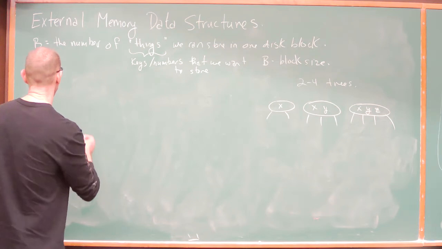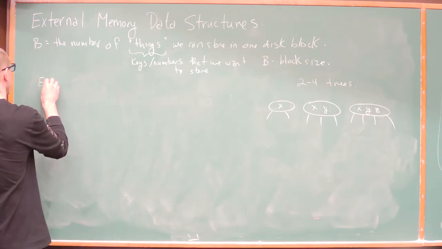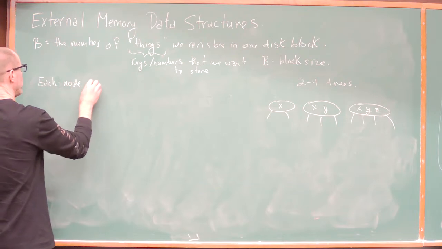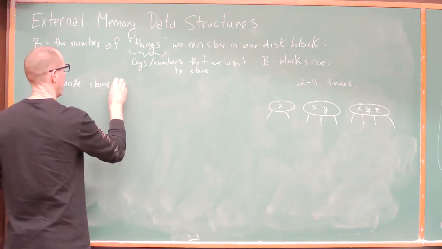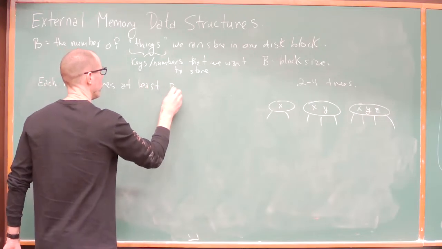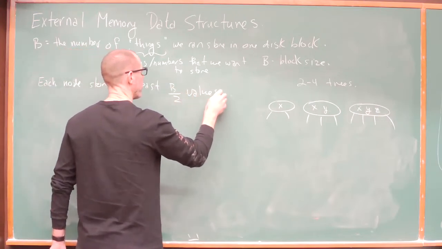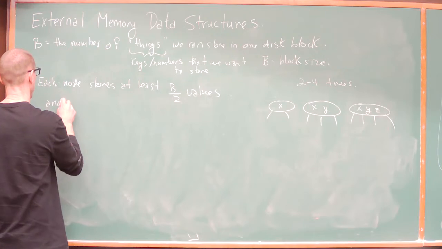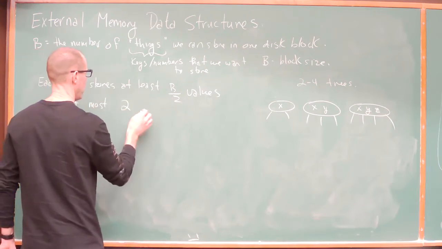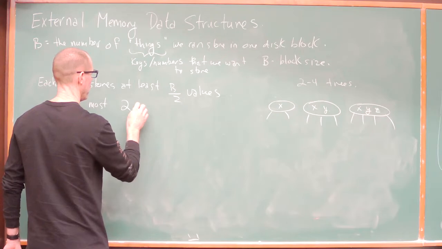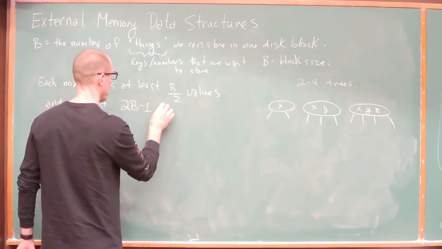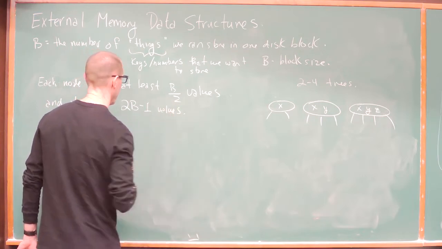But these are things where each node stores at least B over 2 values and at most, let's say, 2b or 2b minus 1 values.